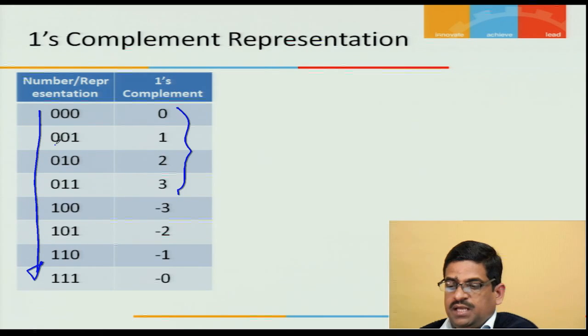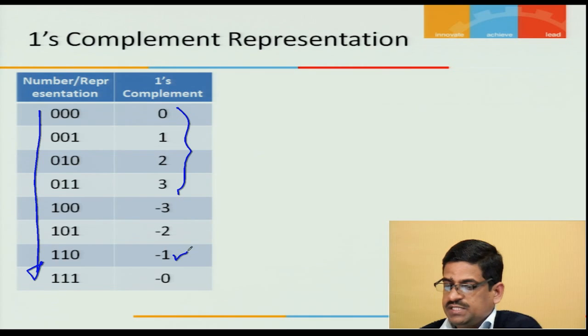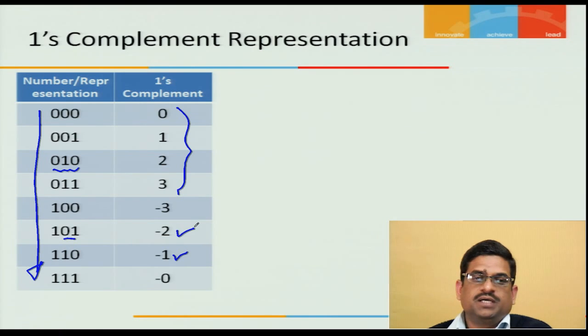So it will be 1 1 0. That is minus 1. Similarly, what will be minus 2? 1 0 1. So 1 0 1 means this, so this is minus 2. Like that you can find the other combinations.